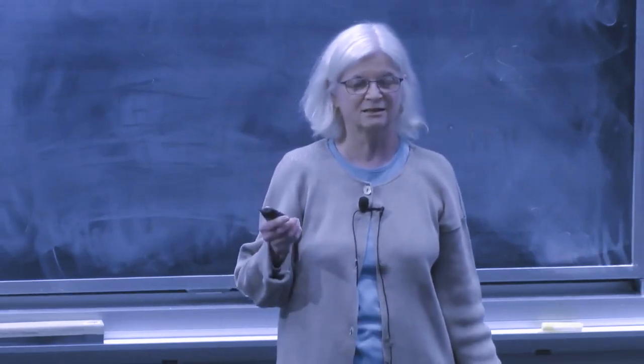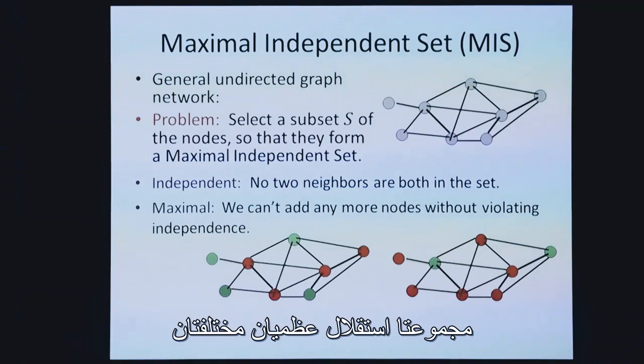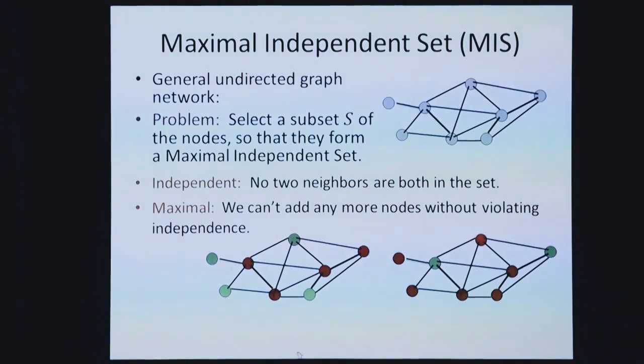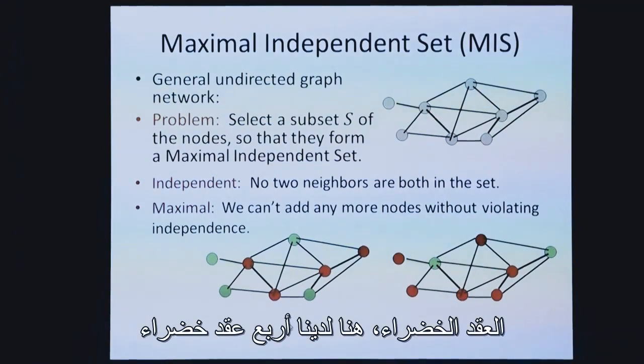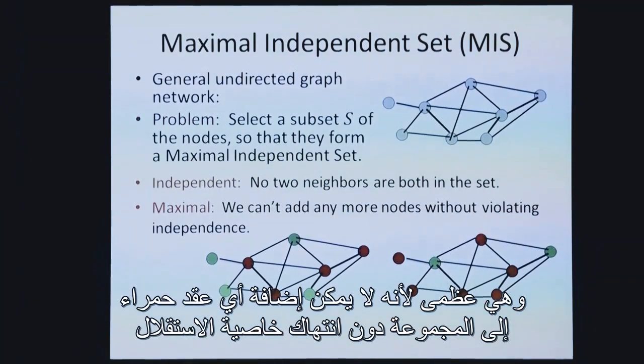Make sense? There are two examples, the same graph with two different maximal independent sets. The green nodes: here we have four green nodes that are independent, they're not neighbors of each other, and they're maximal in that I couldn't add any of the red nodes into the set without violating the independence property.